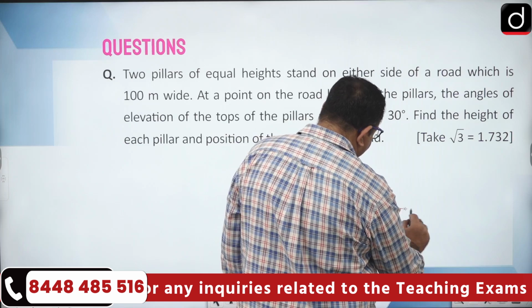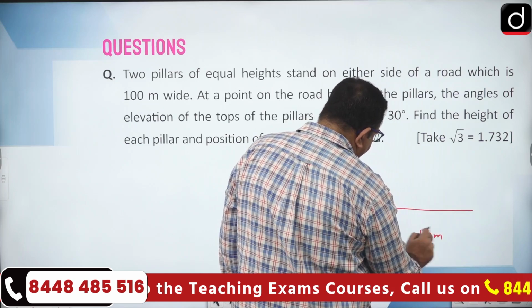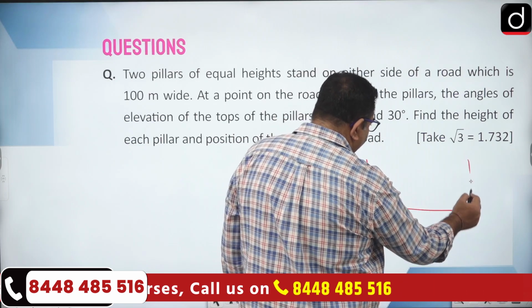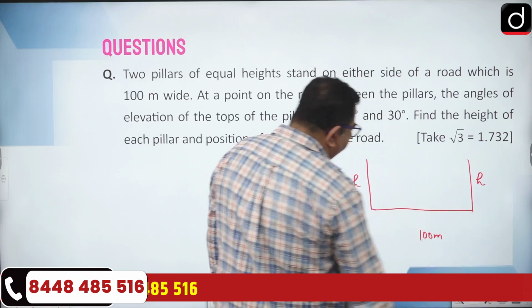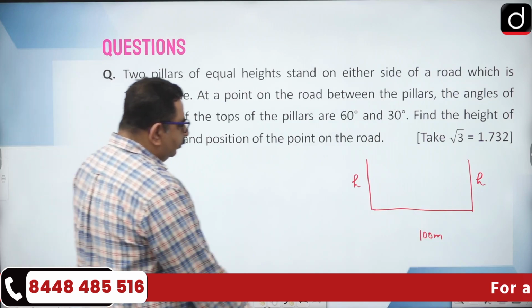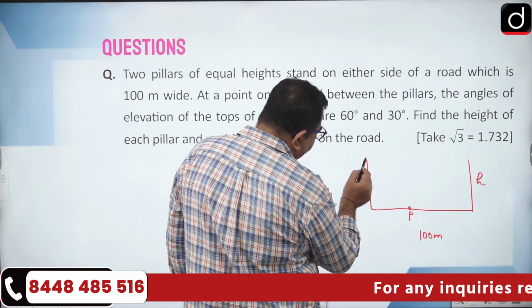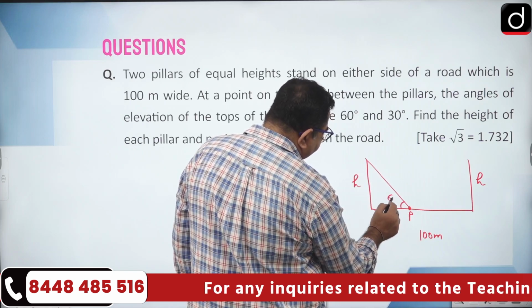So we can see this is road, 100 meters. These are two pillars of equal length, equal height, right? So height of both the pillars is same. Okay, so there is a point. This is P. So angle of elevation of one top is 60°.